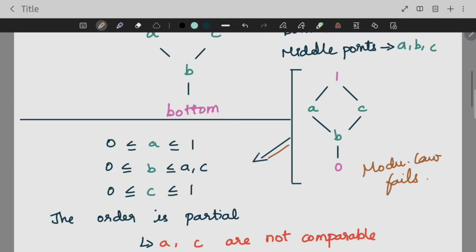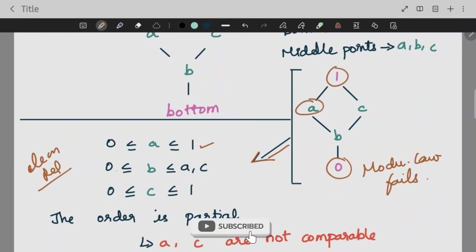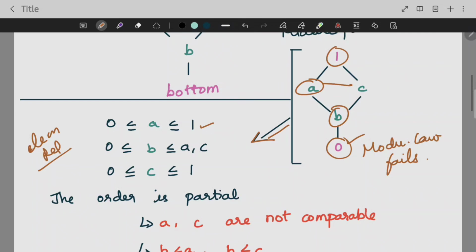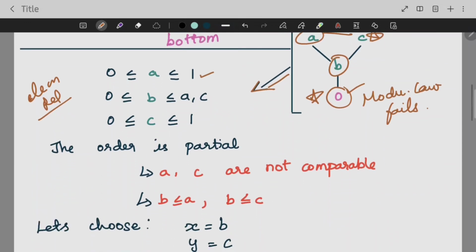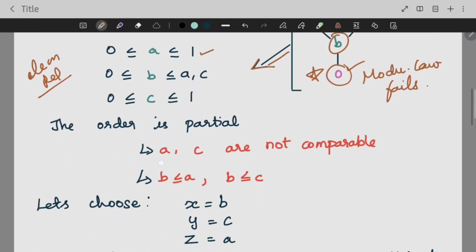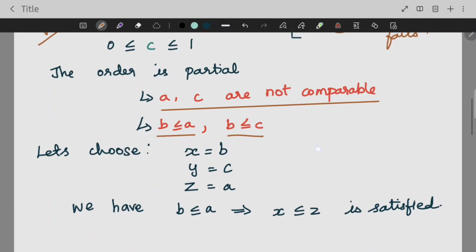In this structure, the element relationships are like this: 0 is less than or equal to a, which is less than or equal to 1; 0 is less than or equal to b, which is less than or equal to a; and 0 is less than or equal to c, which is less than or equal to 1. The order is partial, that is, a and c are not comparable, and b is less than or equal to a.